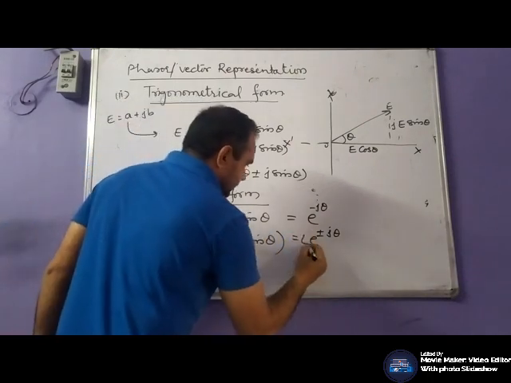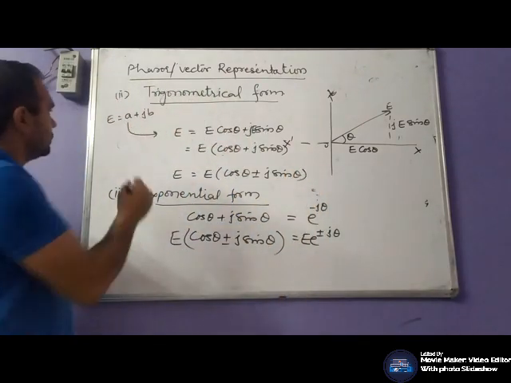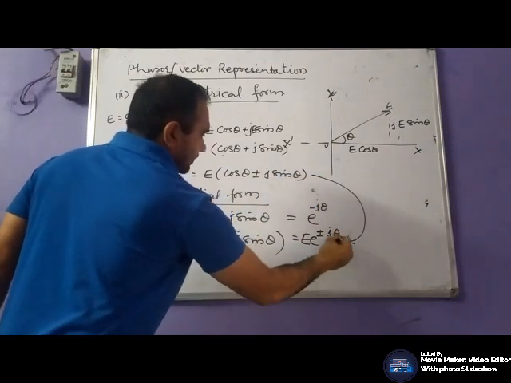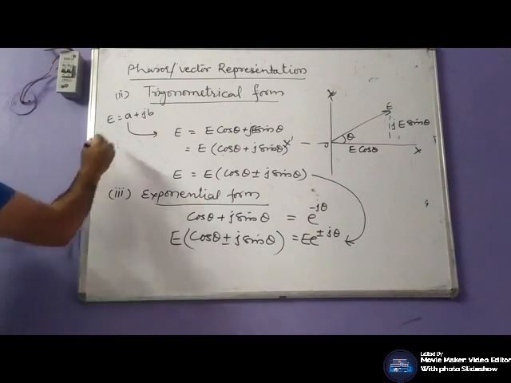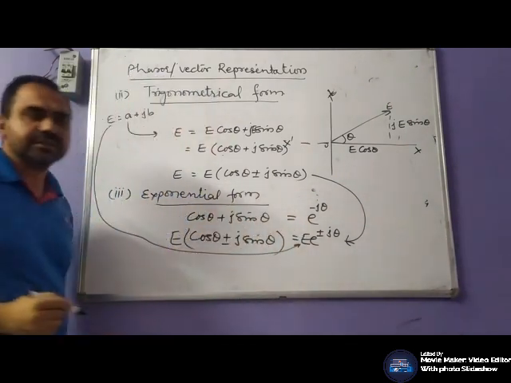And this is in exponential form. This trigonometrical form can be represented by this one, or this rectangular form can be represented by this.